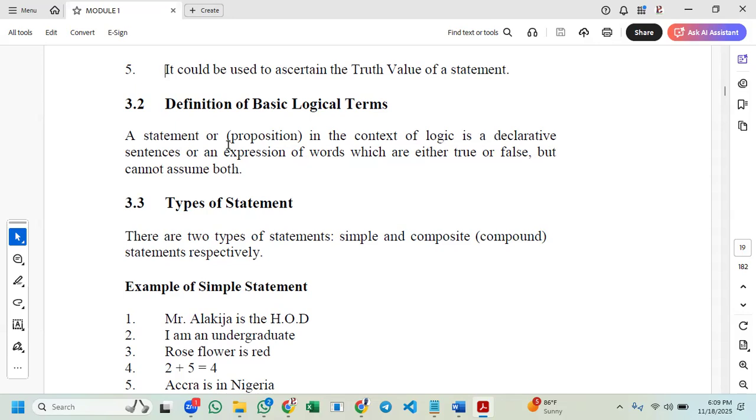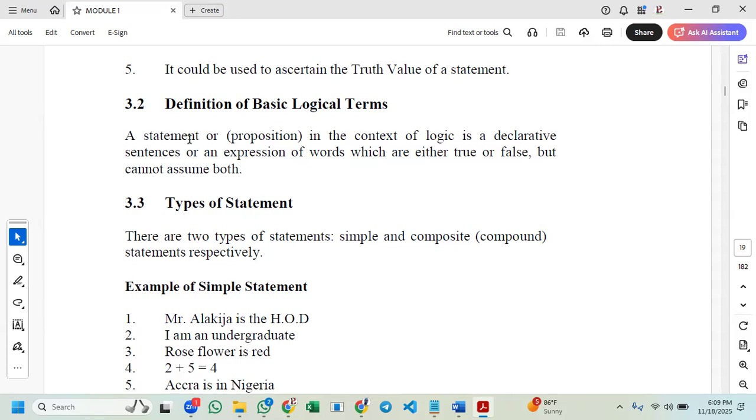You declare it. It's a sentence that you declare, or an expression of words which are either true or false, but cannot assume both. A statement cannot be at the same time true and false. It's not possible. So once you see cannot assume both in the definition in the exam, what they're asking you is a statement or a proposition.